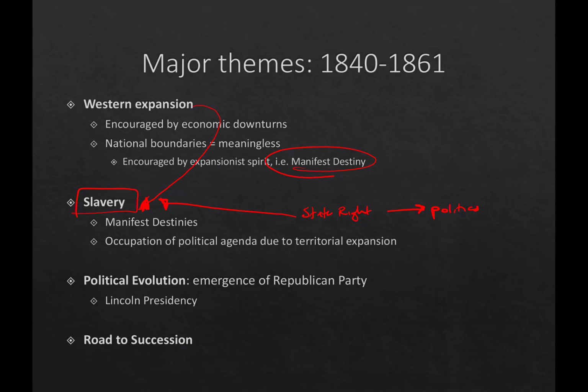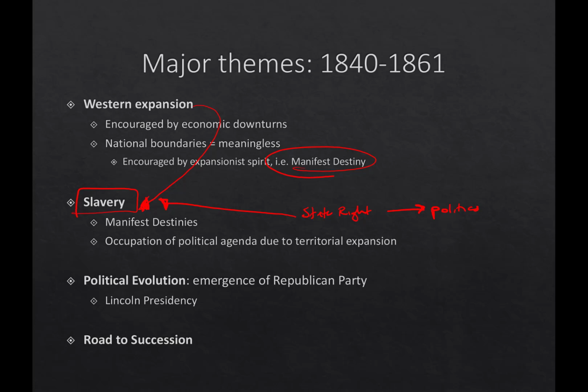If it's a slave state, then southern states have more political clout, and they were teetering on this even status with each new expanding territory and subsequent state. That balance then becomes center stage.